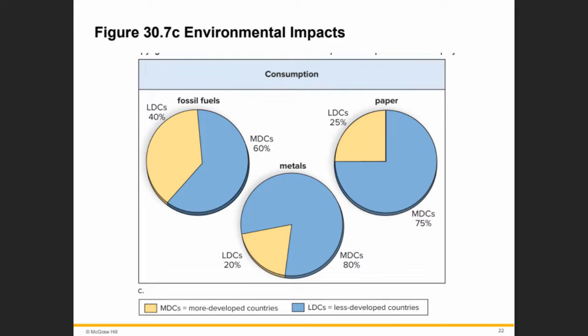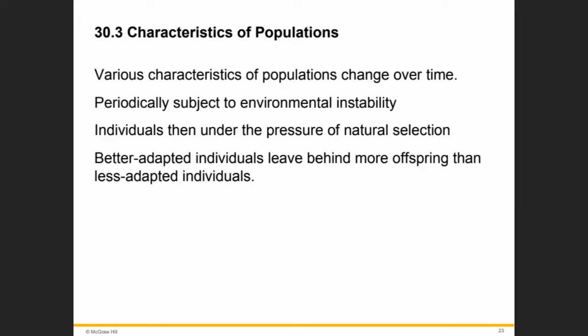The best adapted individuals leave behind more offspring than the less adapted individuals. So let's look at this natural selection.